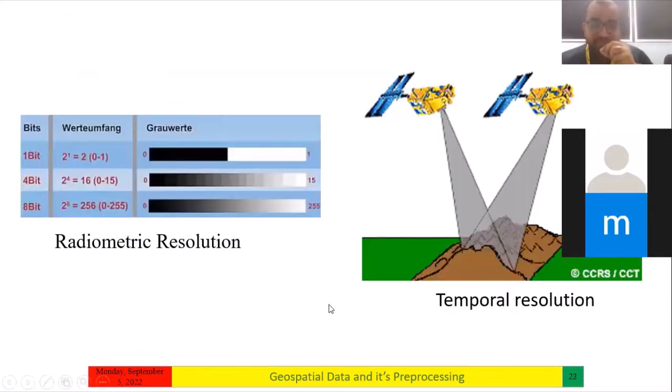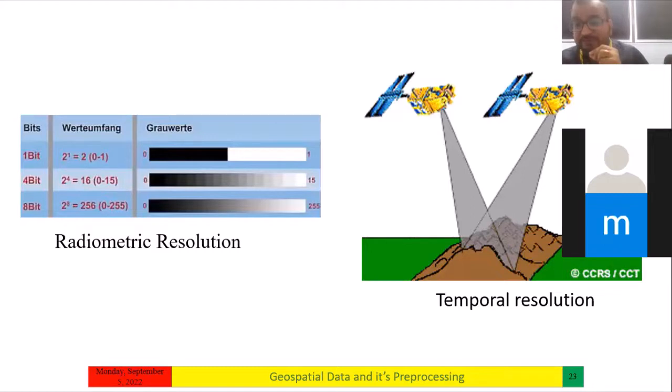The next one is radiometric resolution. Radiometric resolution defines the number of bits required to represent the intensity level of the image. The more bits, the higher the radiometric resolution. It means we have more information and are able to discriminate more colors.